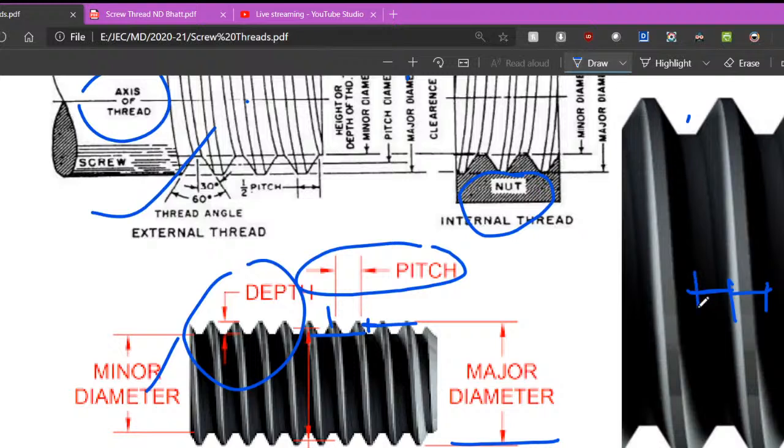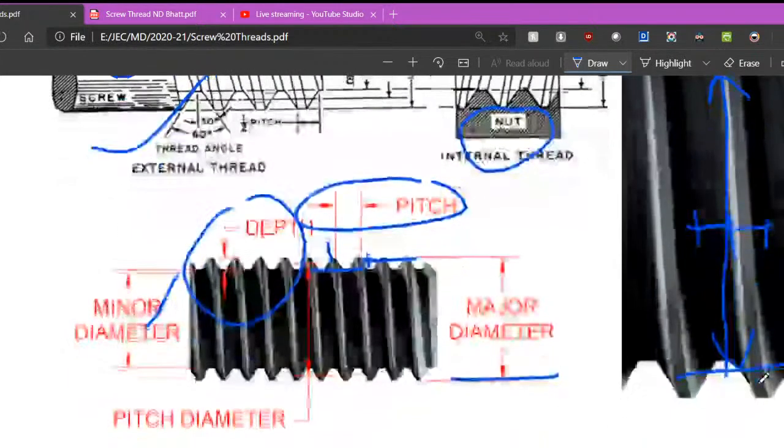Suppose it is happening here and then here. So when 1 and 2 become equal, you measure along that imaginary line, and that becomes your pitch diameter. I hope it is clear.